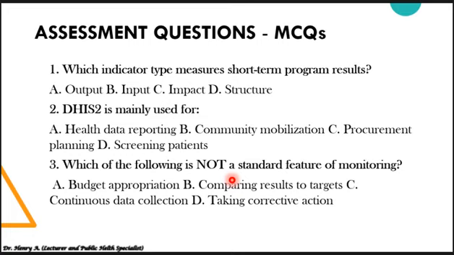It is the budget appropriation. That's not a standard feature of monitoring, but comparing results to the target, continuous data collection, taking corrective action, that is a standard feature of monitoring. But budget appropriation, no. So that's just a few of the assessment questions. So you need to read in between the lines so that you can get the details.